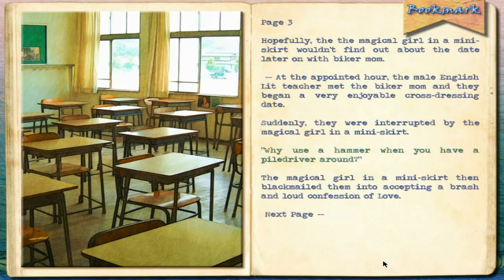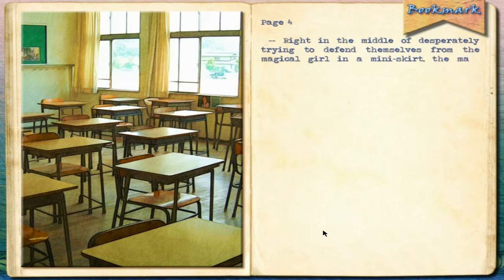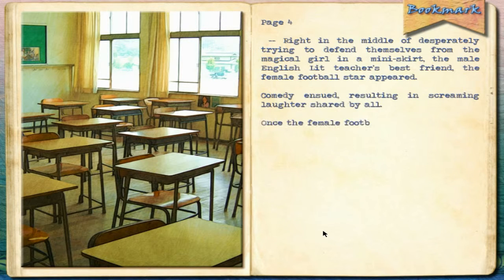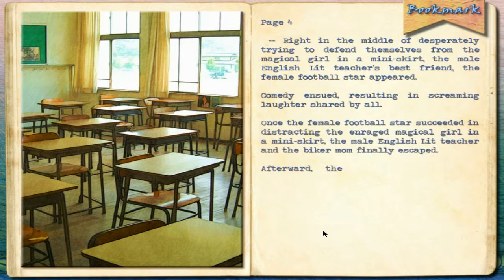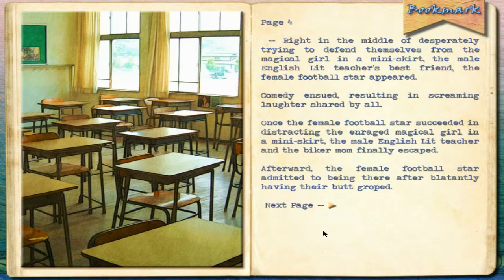Suddenly, they're interrupted by the magical girl in miniskirt. Why use a hammer when you have a pile driver around? What is going on? What is going on here? The magical girl in the miniskirt then blackmailed them into accepting a brash and loud confession of love. Right in the middle of deceptively trying to defend themselves from the magical girl in a miniskirt, the male English literature teacher's best friend, the female football star, appeared.